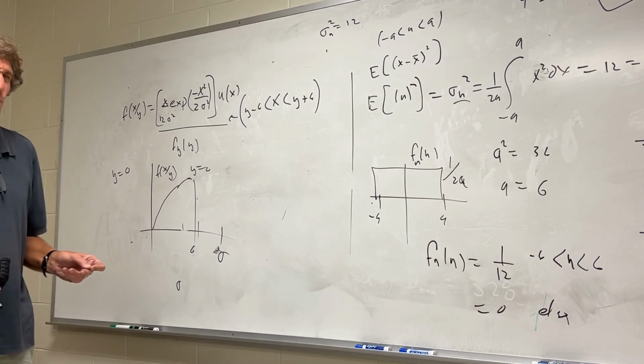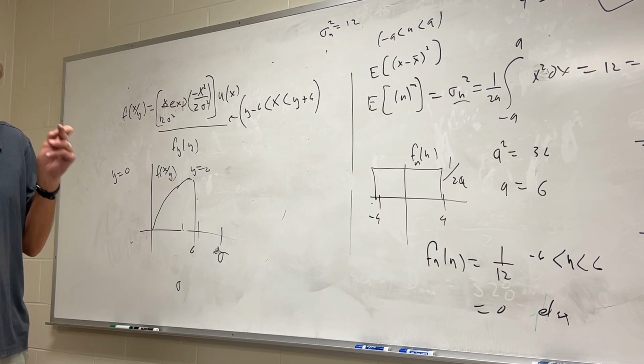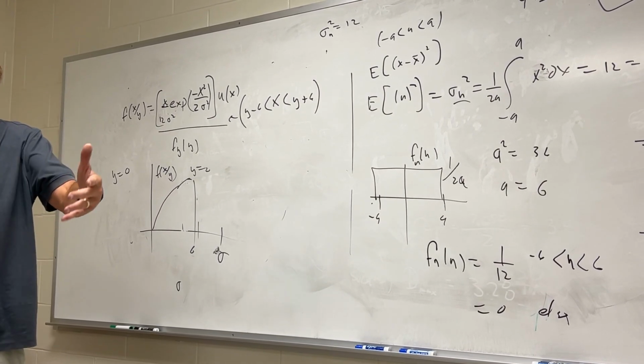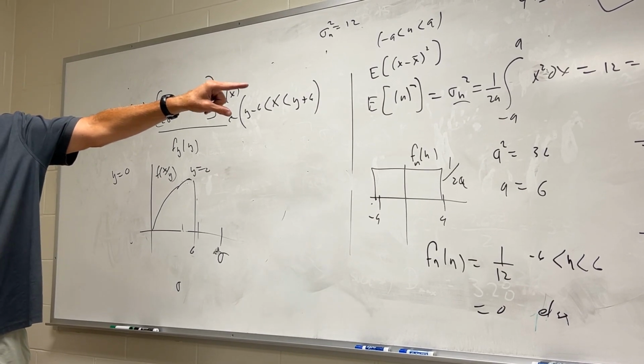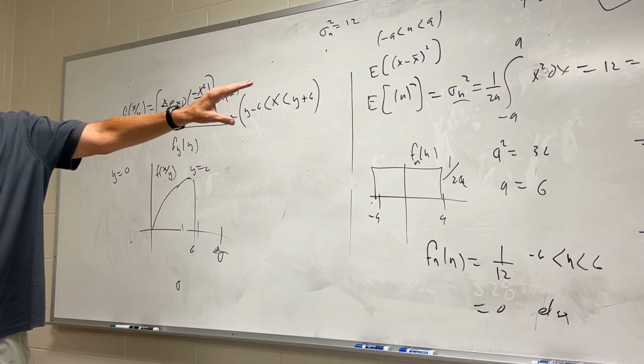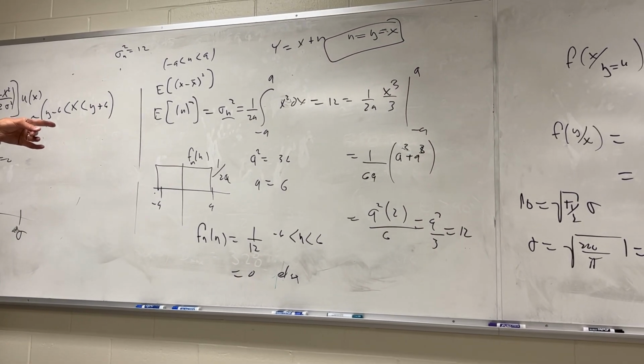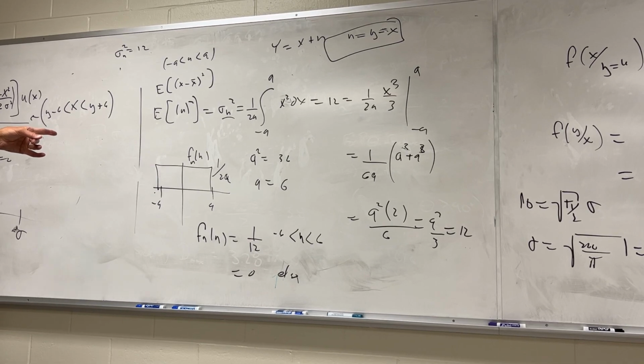Now the next part is for y equals 6, right? Does everybody follow me what I'm doing? I'm trying to just follow the form exactly, but you have to get that standard deviation. You have to get the actual value of a, the width of that thing, from the variance. Y'all with me?